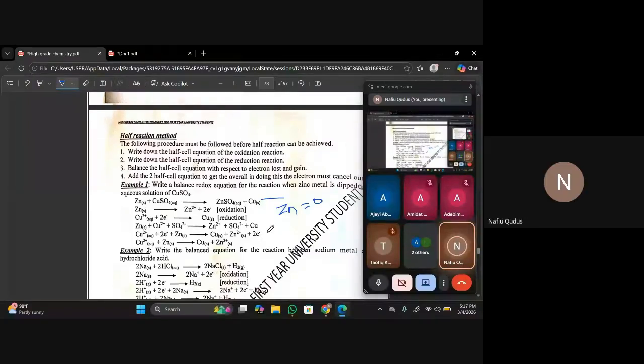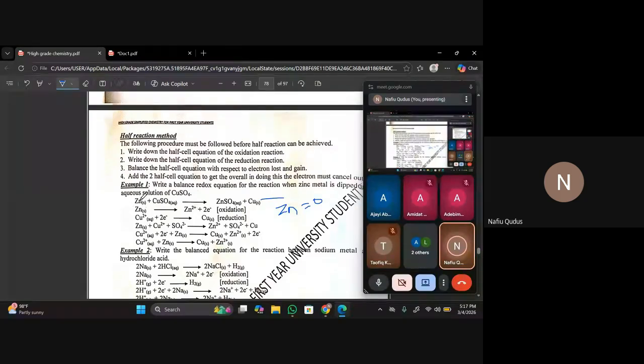We have zinc, CuSO4, ZnSO4, and Cu. In this case, we can find the oxidation numbers of Zn here and here, and Cu here and here, to check which one undergoes oxidation and which undergoes reduction.